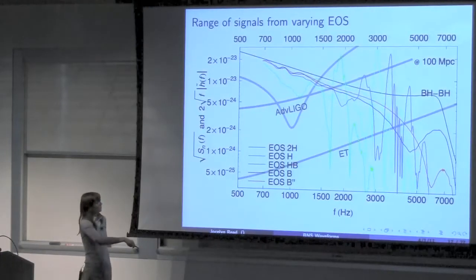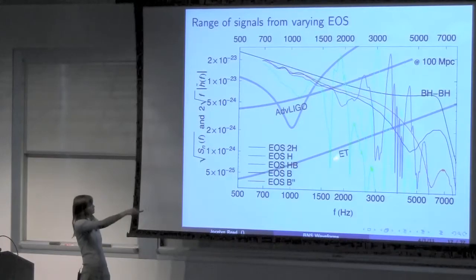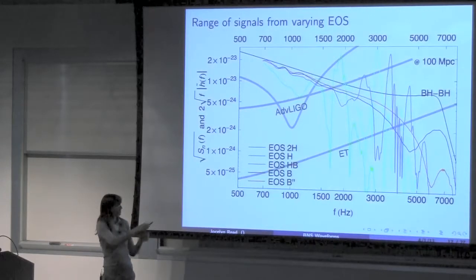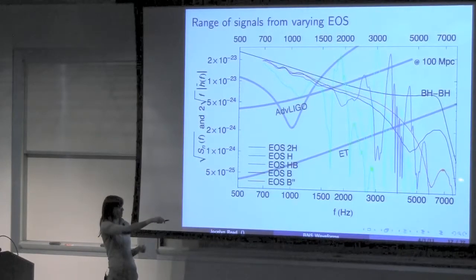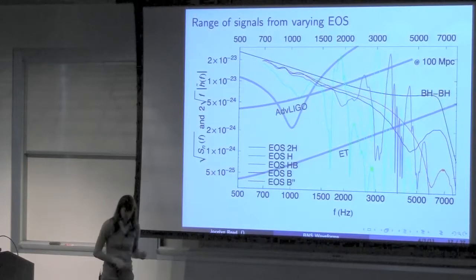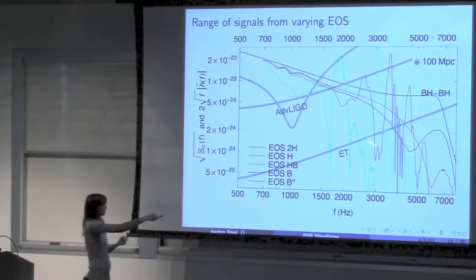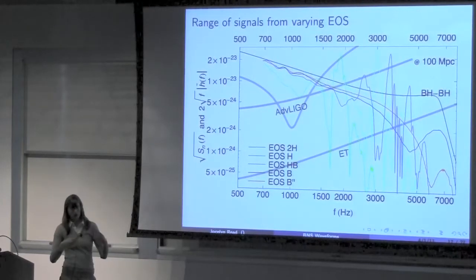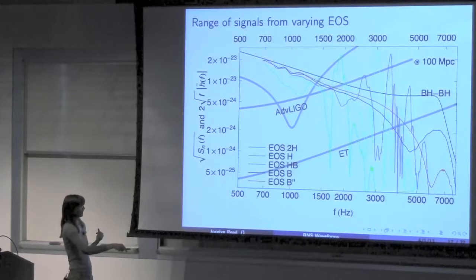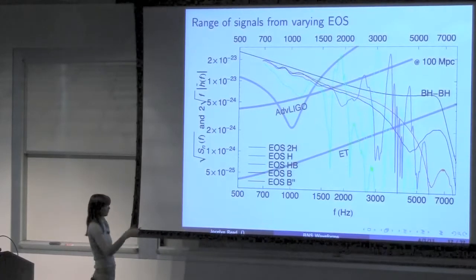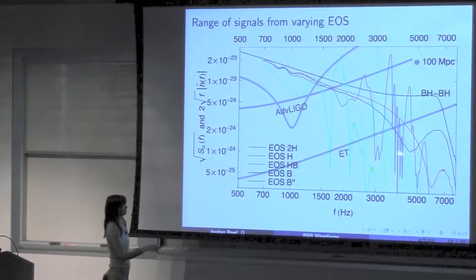And the property is that if you have a large neutron star, you have this post-merger oscillation peak. If you have a smaller or softer neutron star, you get a prompt collapse. Larger and smaller here refer to radius. In terms of mass, it's the other way around: if you have a more massive star, or a smaller radius star, it's more likely to collapse promptly.